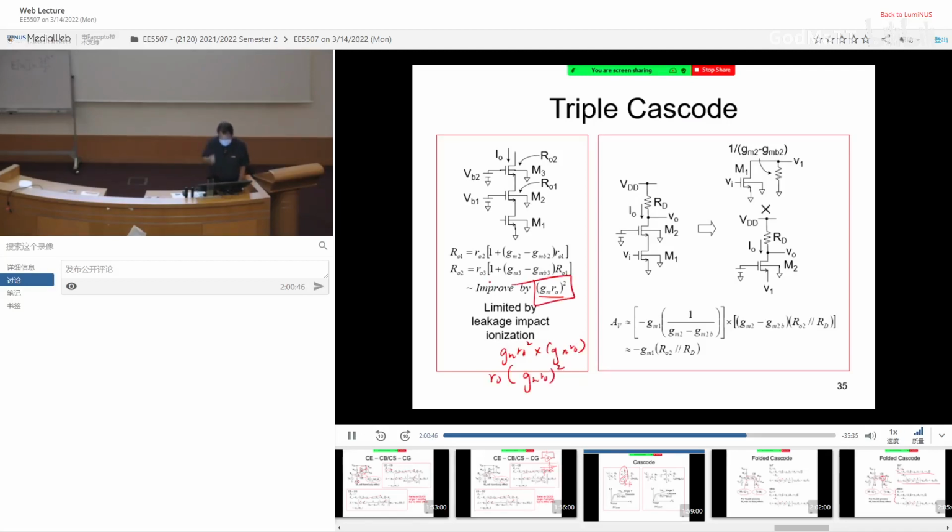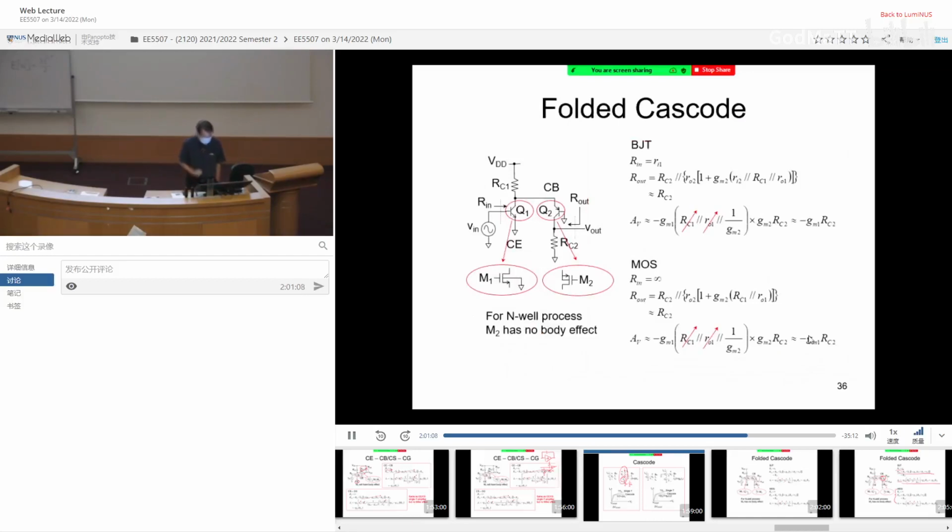So any additional cascode you add is going to improve by gm R0. So this is basically the same as common source followed by common gate amplifier. I'm not going to go through it.